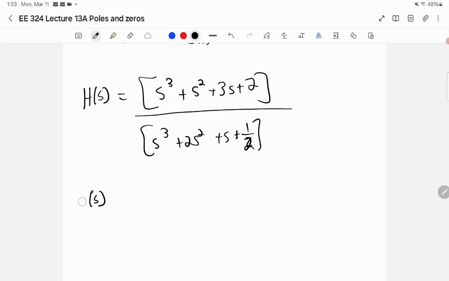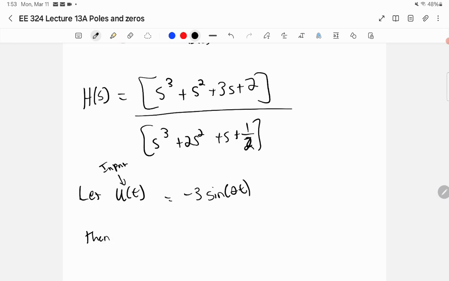Then let the input u of t be equal to minus 3 times the sine of 2t.